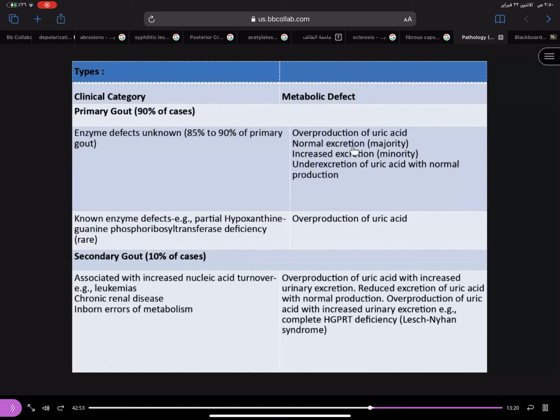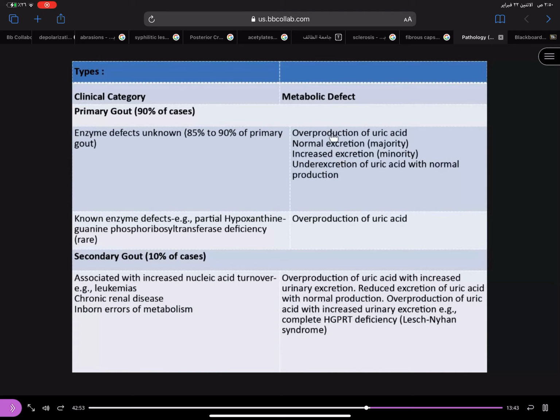Excretion from the kidney can be normal, increased, or less. And sometimes it can be less excretion with normal production also. Any of them can be there, but the important thing you should know is that an enzyme defect is there, and most of the time it's overproduction of uric acid.